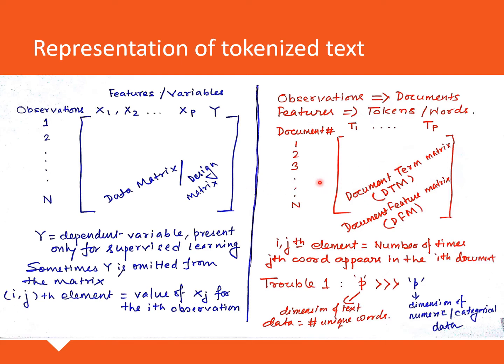Now we have already run into a trouble here. What is that? I am saying p here is the number of unique words that we have in the entire data.